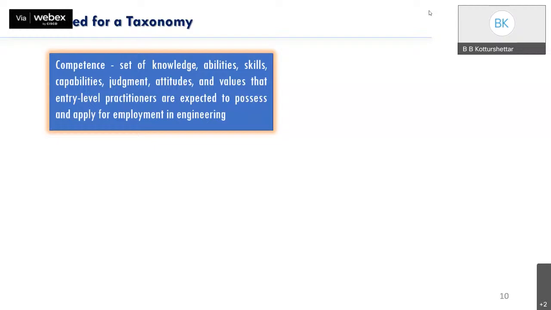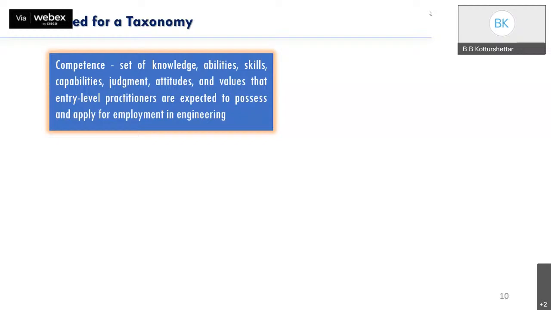But if that was the case, the difficulty was whether we are assessing the student for only technical skills or professional skills, because now these program outcomes talk about both technical skills and professional skills or competencies, which is much broader than skills alone, which is much broader than knowledge alone.